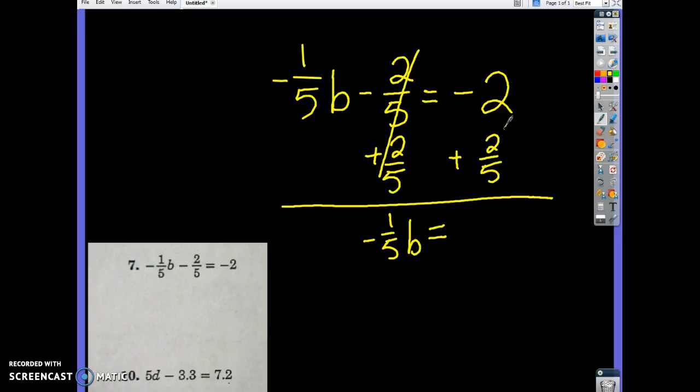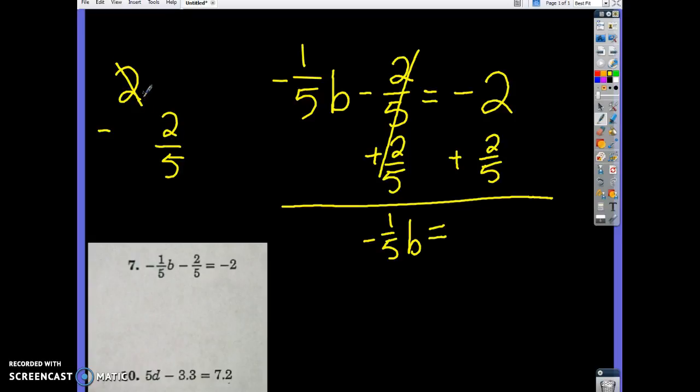Well, in order to do this, since my signs are different, I'm combining a negative and a positive. I do have to subtract their values. So I'm going to do 2 minus 2/5.